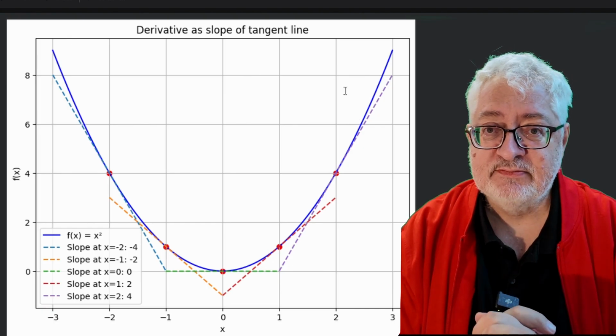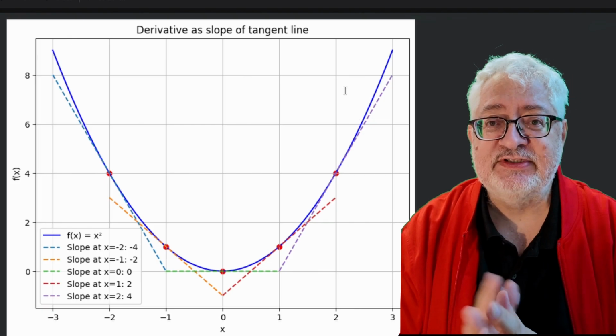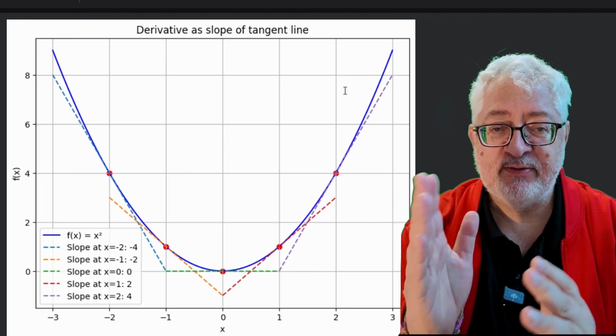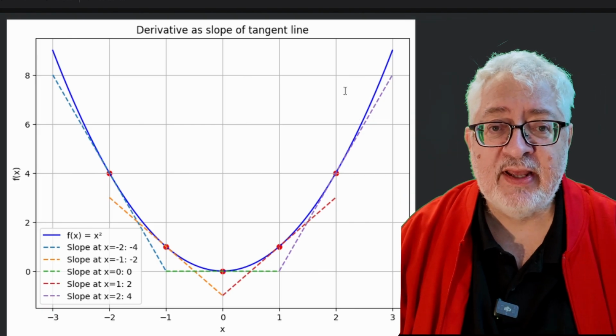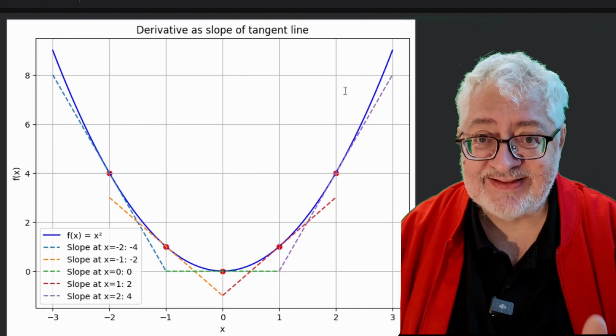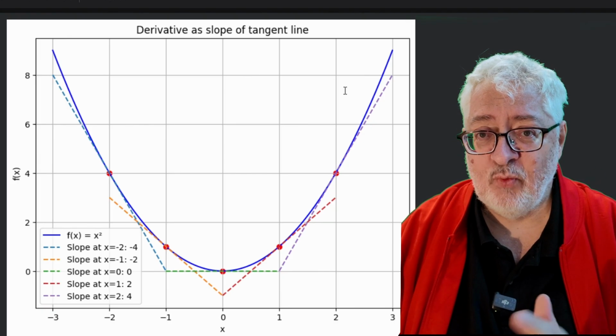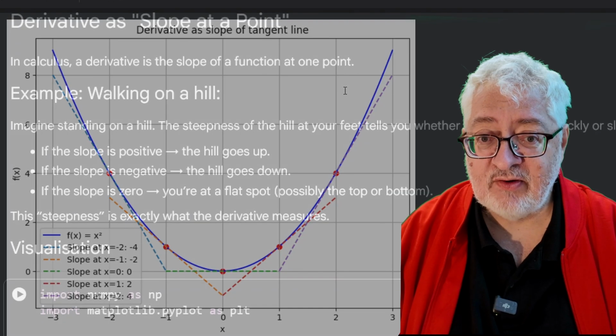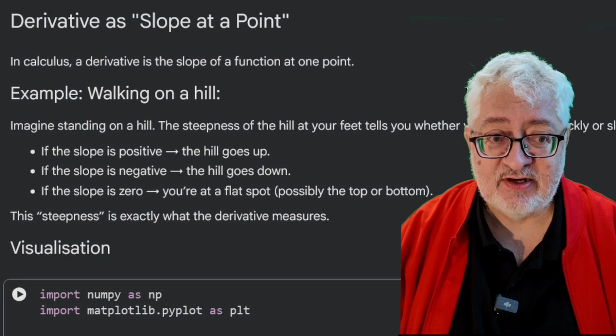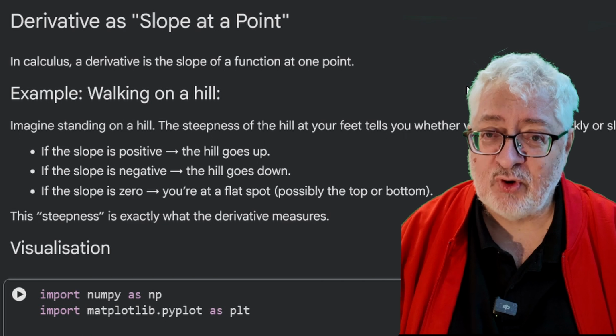That's perhaps 60 degrees, right? So you see that the slope gets steeper and steeper the higher you go. And so this is the slope at this point. And the derivative is nothing else than a way to calculate how steep is the slope at a particular point of your curve.